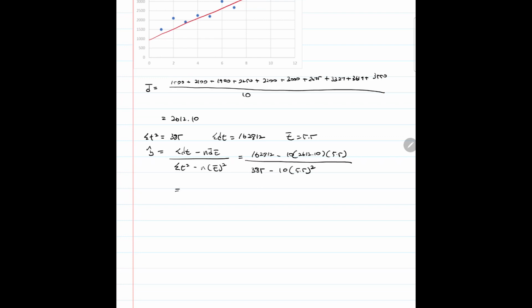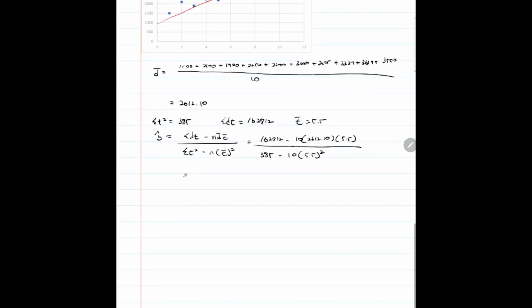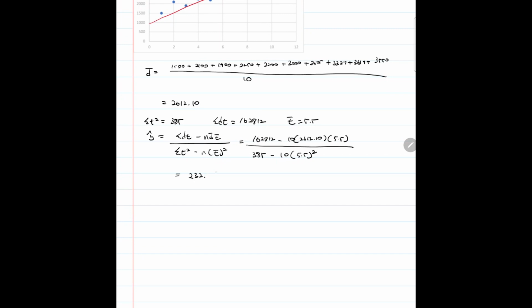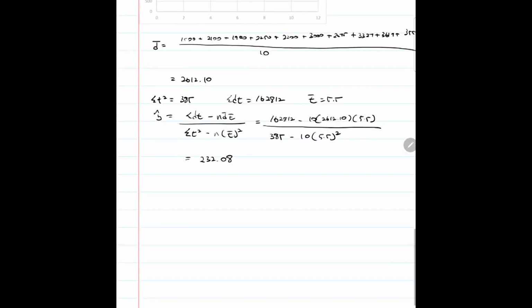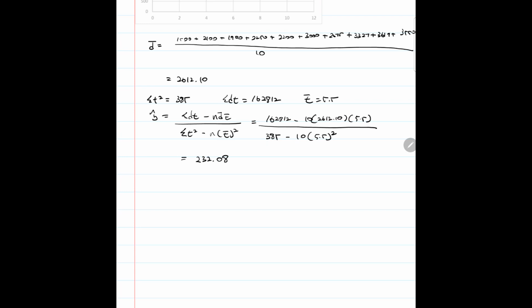So let's calculate this. Okay, so I got 232.08, and now we've got the B hat.